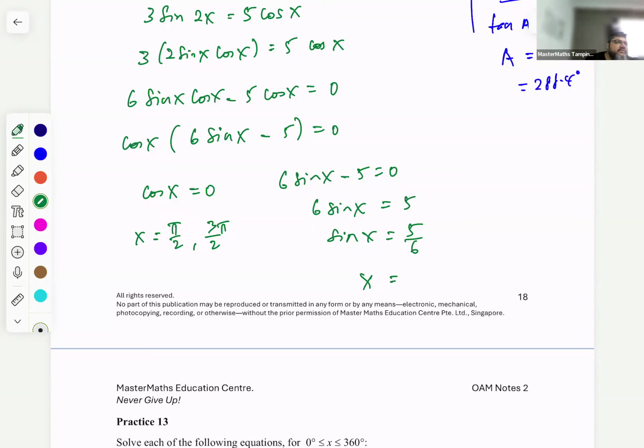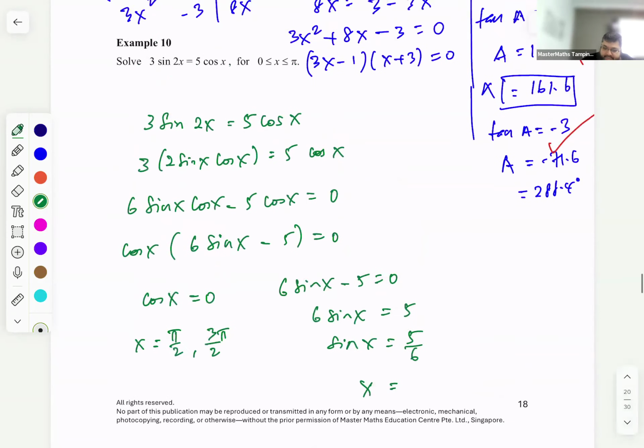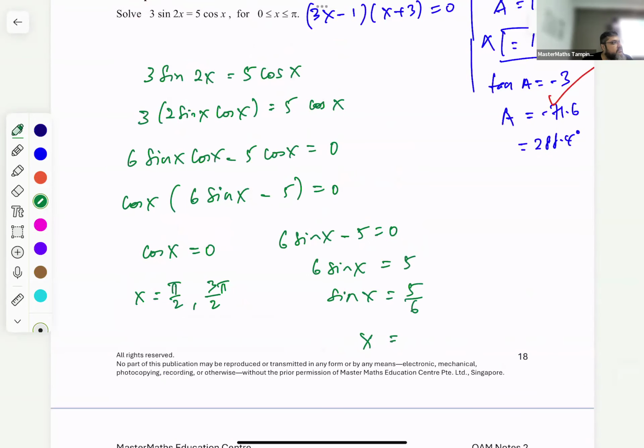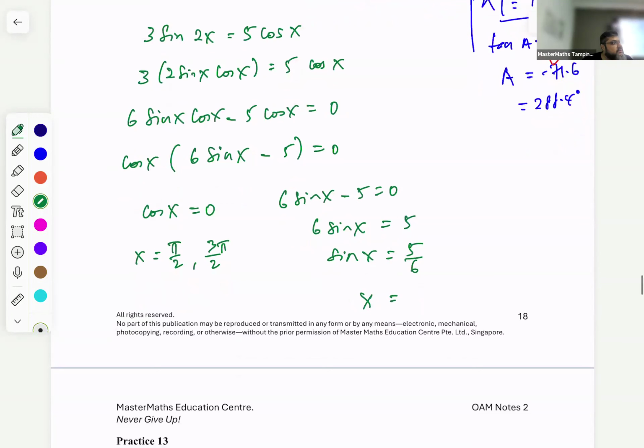No, I said, Ivana. Whatever you're doing, I think it's in degrees. The answer should be in radians. So once I get 56.4, that is in degrees. Put it into radians. How?